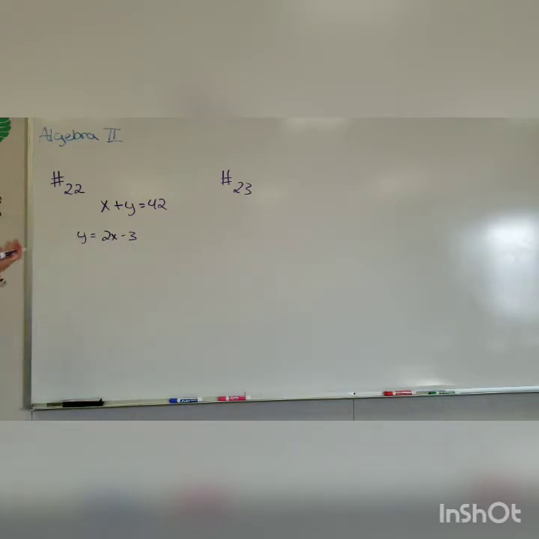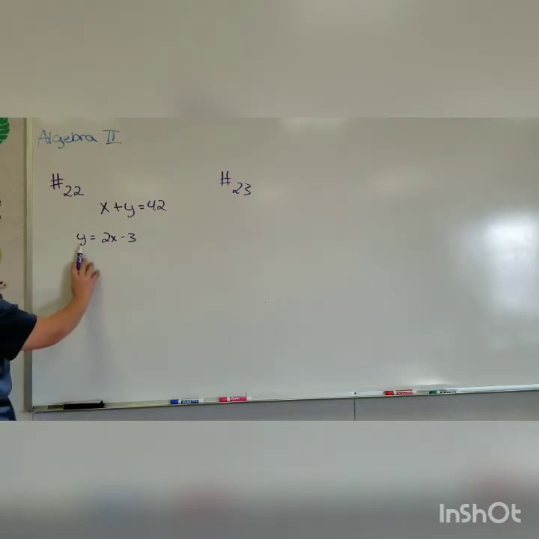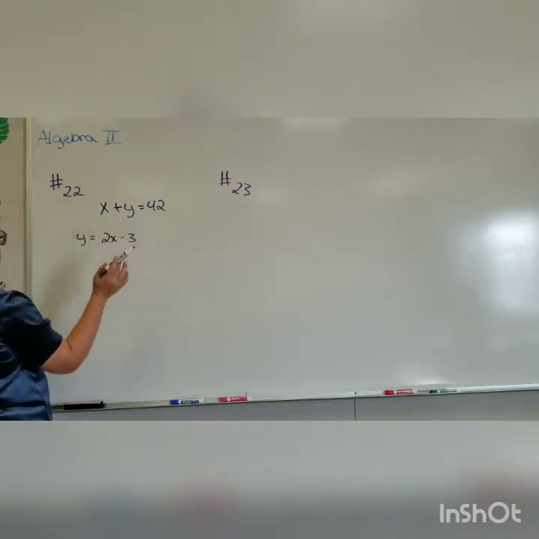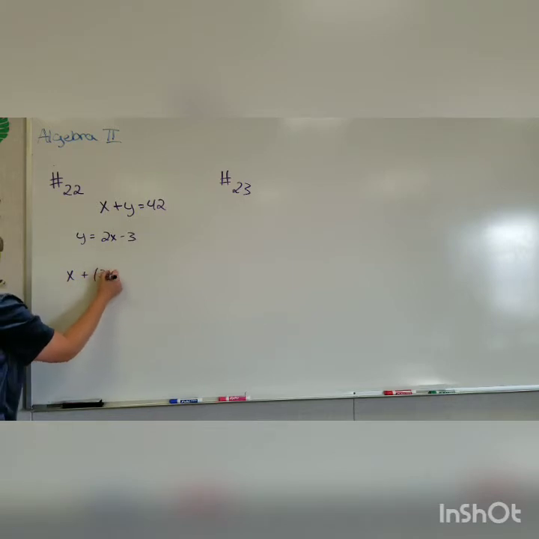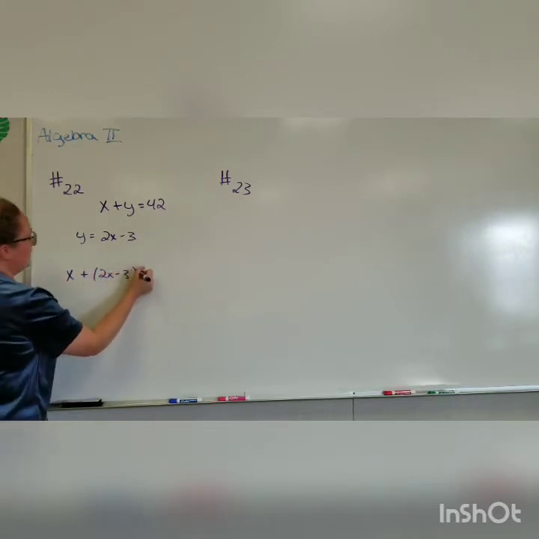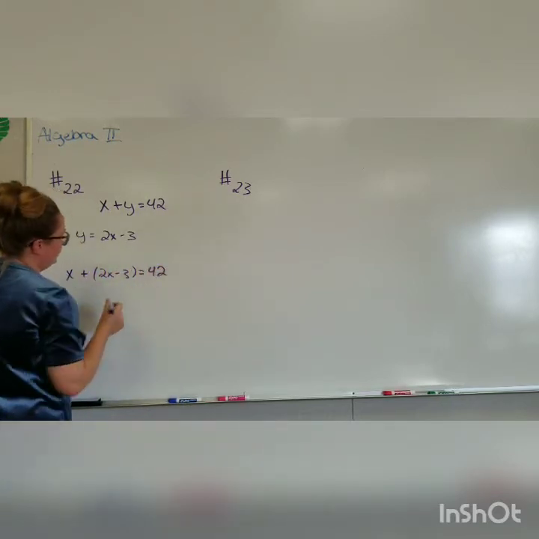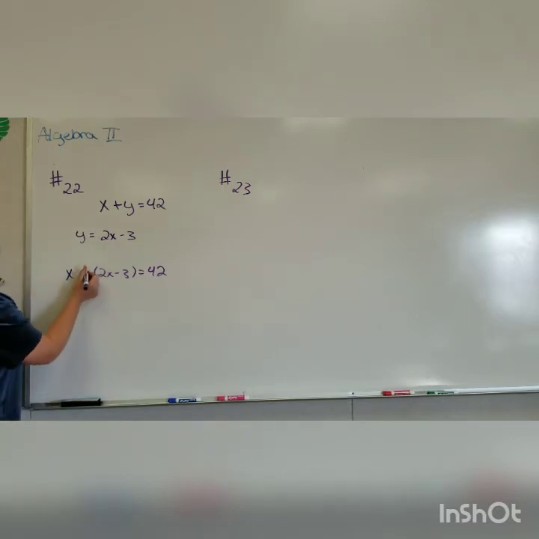All right, so we have a system of equations. If you'll look closely, you'll notice this is set up perfectly for substitution because this one's already solved for y. Y equals 2x minus 3. So in this equation where y is at, I'm going to put 2x minus 3. So x plus 2x minus 3 equals 42. All right, so because there's a plus in front of the parentheses, nothing happens.